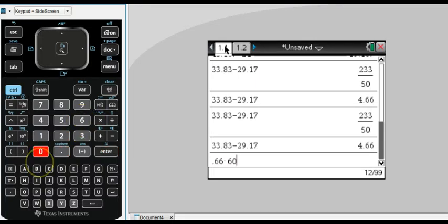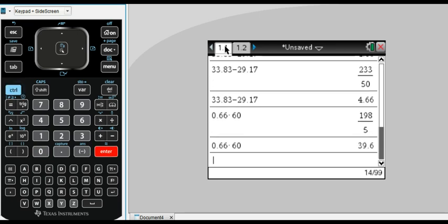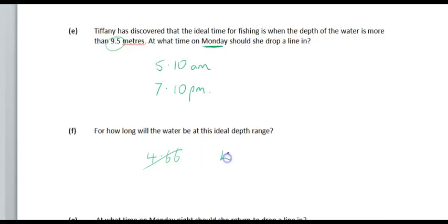So times it by 60, and that's 39.6 minutes. So 40 minutes. So it would be 4 hours and 40 minutes is the length of time that she would be at her ideal fishing depth of water, and hopefully catching lots of fish.